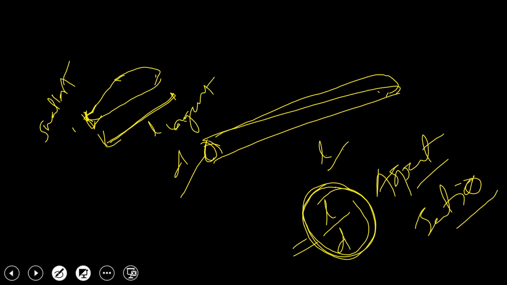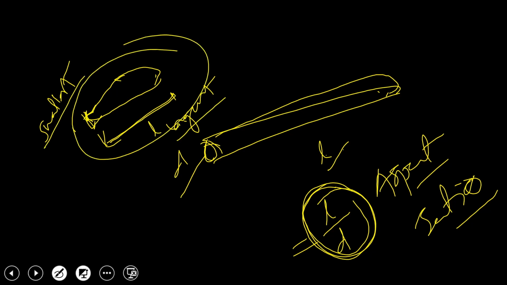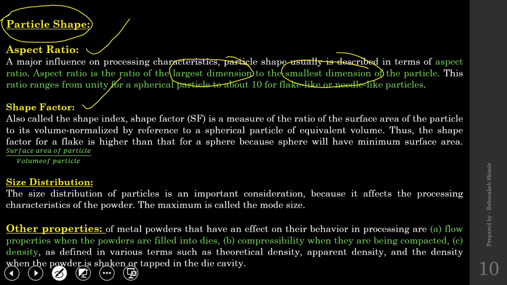And if I take the ratio of this largest dimension to the smallest dimension, that would be the aspect ratio of that particular particle. Another characteristic associated with particle shape is shape factor.